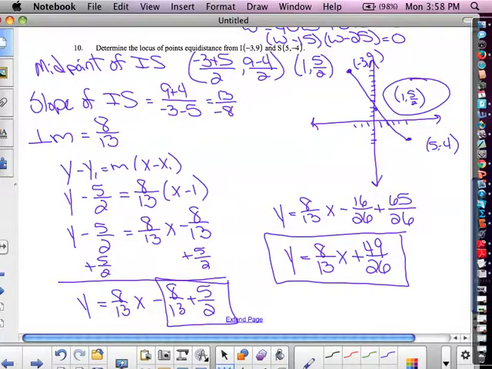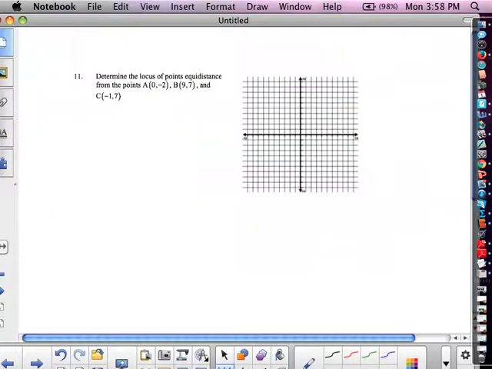Okay, last one. Determine the locus of points equal distance from the 3 points.